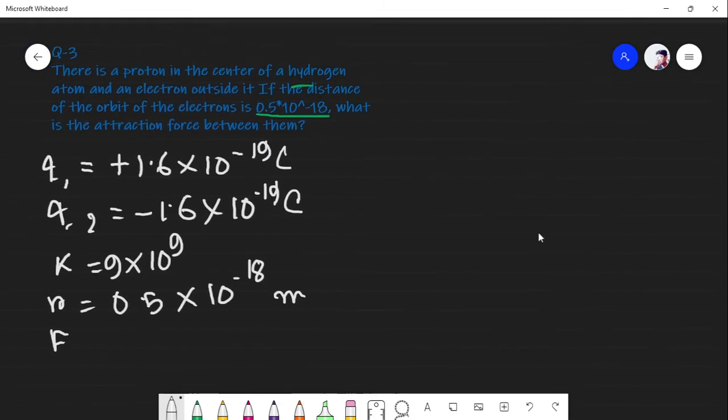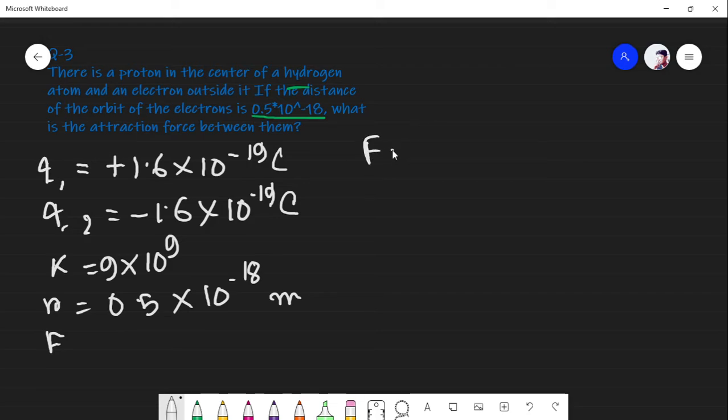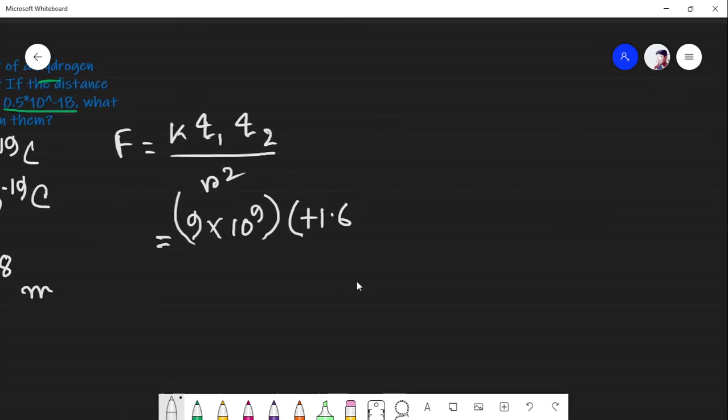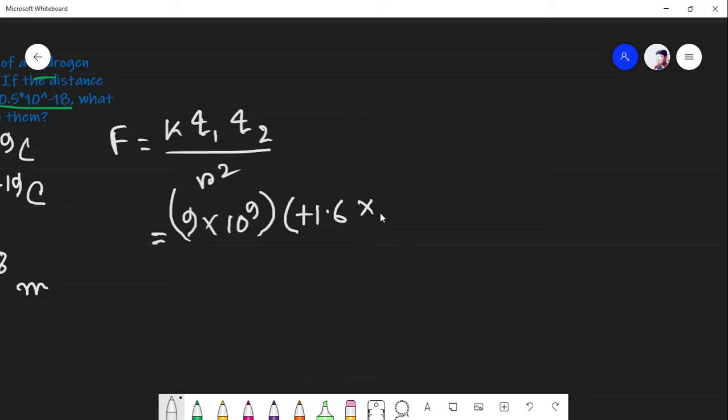So the force will be equal to K times Q1 Q2 divided by R squared, which is 9 into 10 to the power 9 into Q1, which is plus 1.6 into 10 to the power negative 19, and Q2 is minus 1.6 into 10 to the power negative 19.